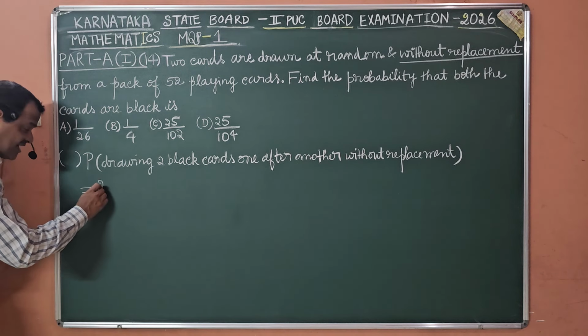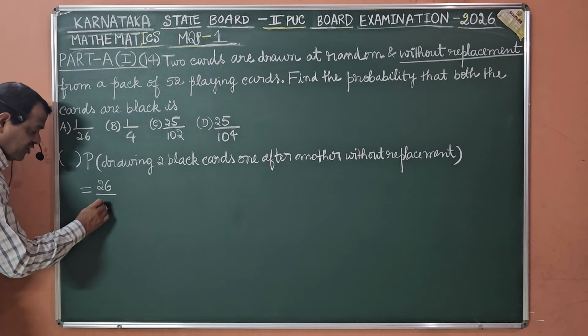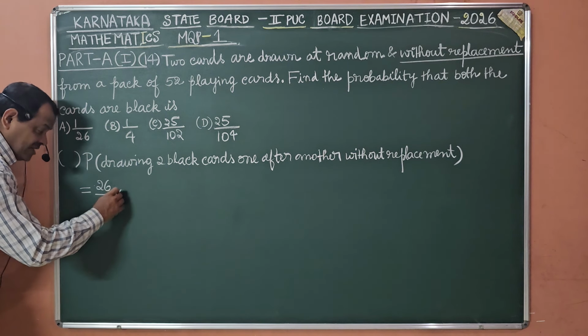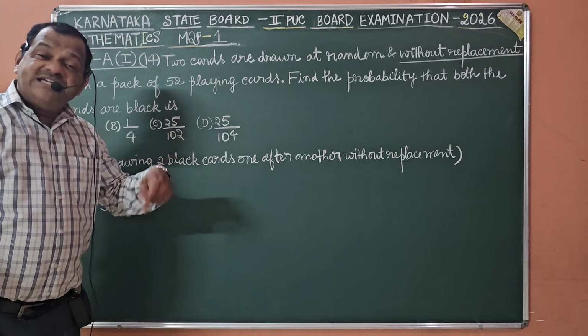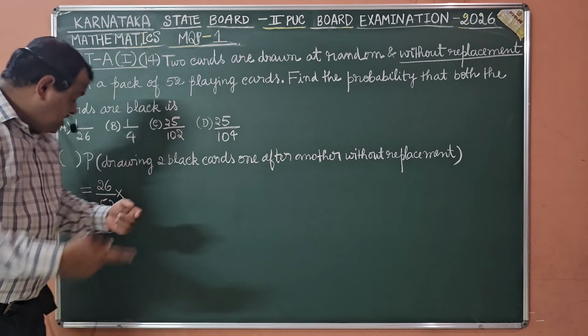There are 26 black cards out of 52. Then into, it is 'and', it is not 'or'. Therefore, it is into, not plus.